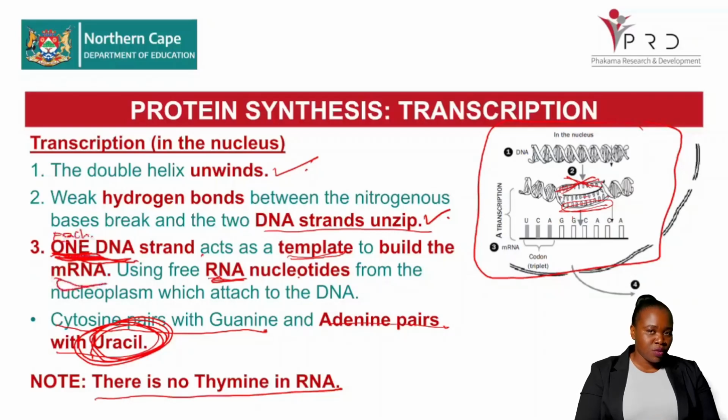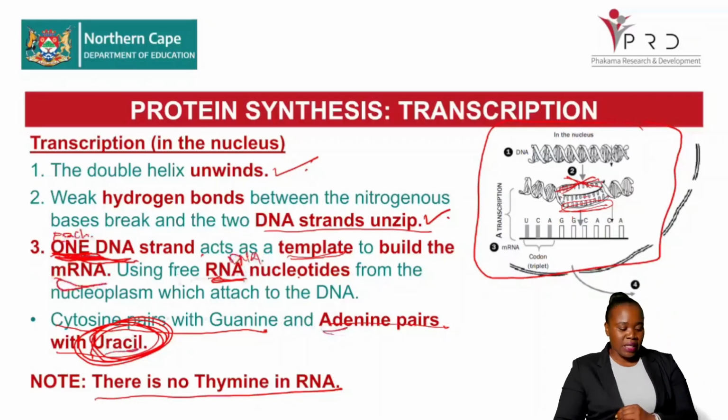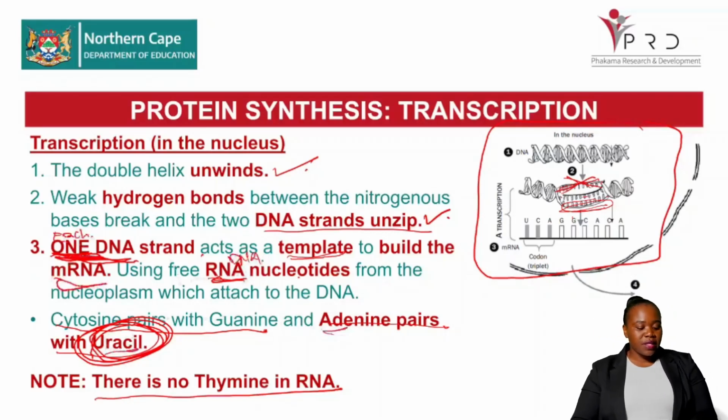Remember, in DNA replication, we're building DNA using the free DNA nucleotides from the nucleoplasm. And in that case, adenine will pair with thymine because it is DNA forming another DNA. In DNA replication, both the strands serve as templates, whereas in transcription, only one strand serves as a template.